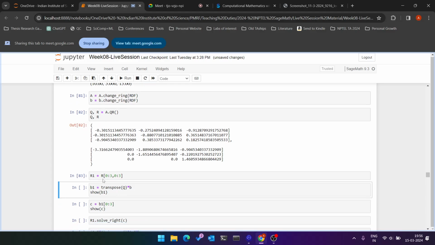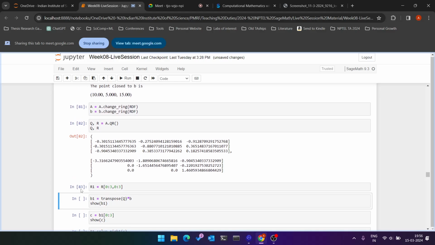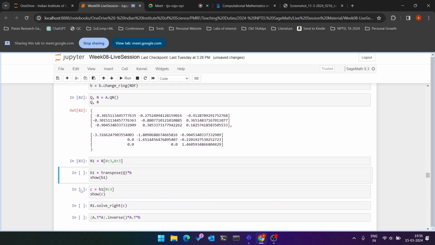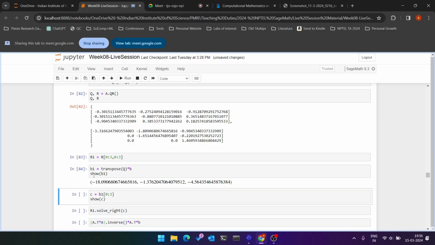So my equation becomes QRx equal to B. Multiplying both the LHS and RHS with Q transpose, I get Q transpose QRx is equal to Q transpose B. So the RHS I am now defining as B1, which is Q transpose B, and the LHS, Q transpose Q Rx, translates to Rx because Q is orthogonal.